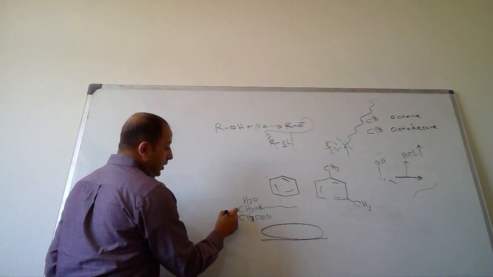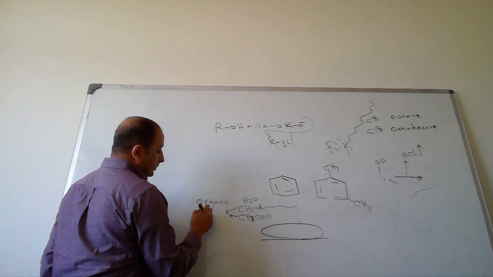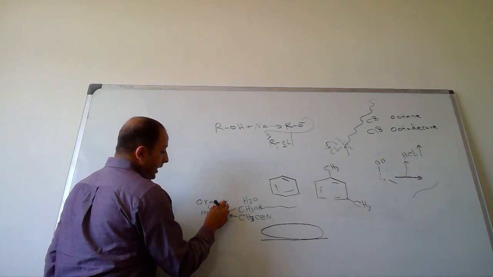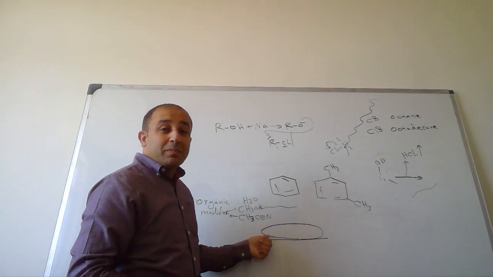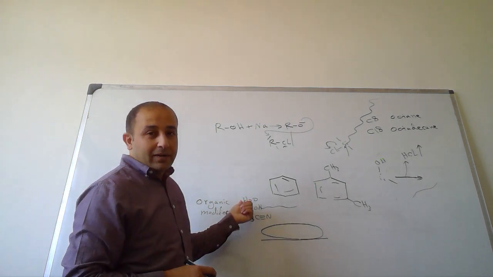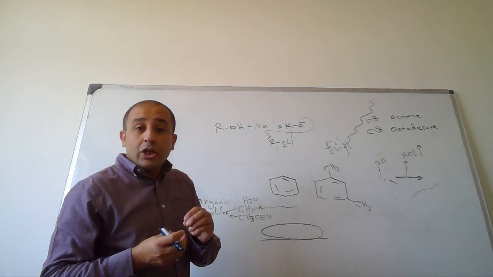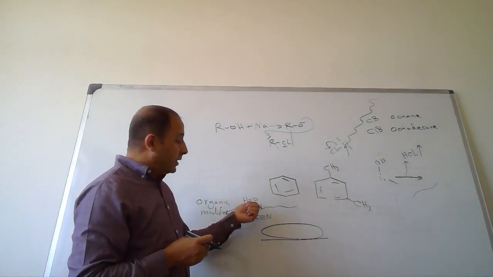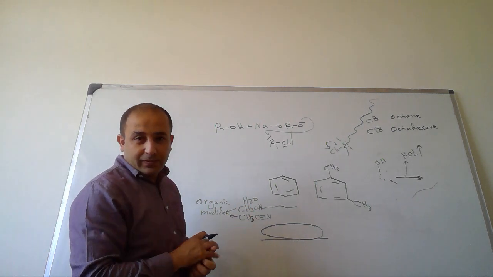We use one of them as organic modifier. The reason, as you know, in order to have a competition, the stationary phase should not be completely opposite to the mobile phase. We have to have some shared character between the mobile phase and stationary phase. That's why we use organic modifier.